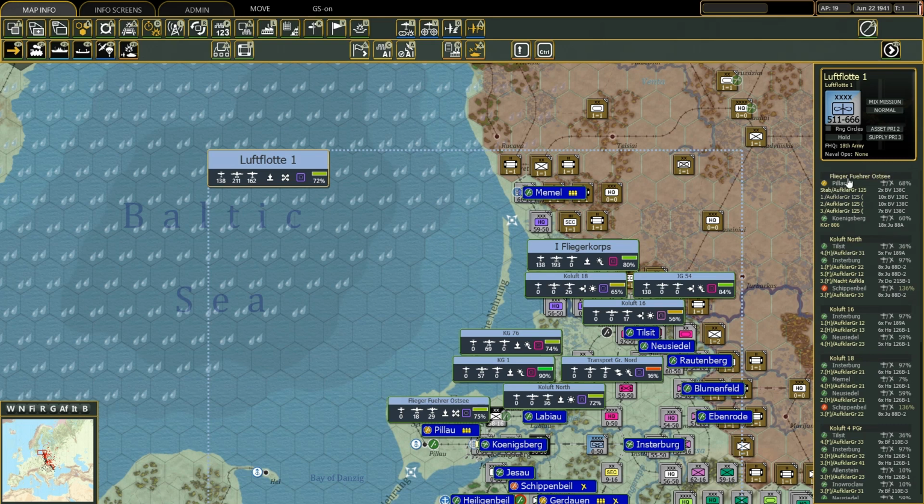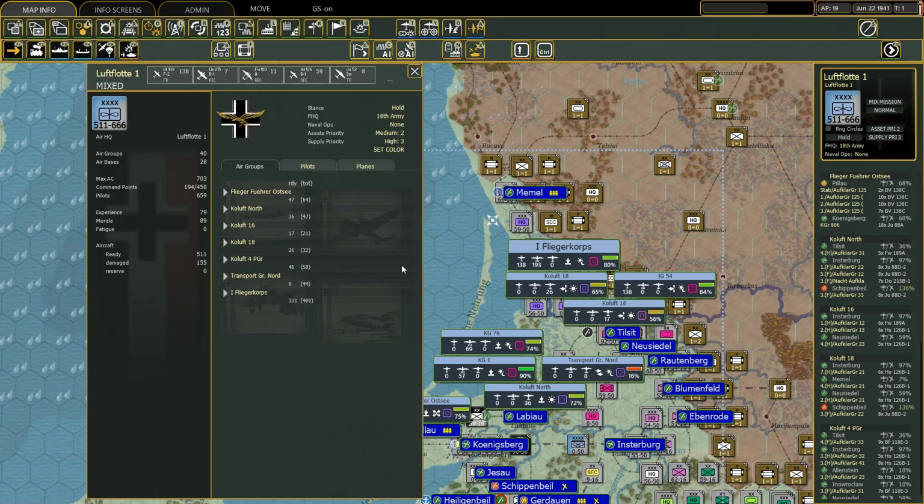I would say below each individual AOG, you have the airfields, and we will see this more in the next tutorial. And you also have the individual air group units.